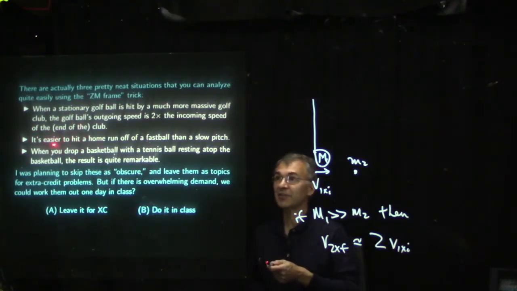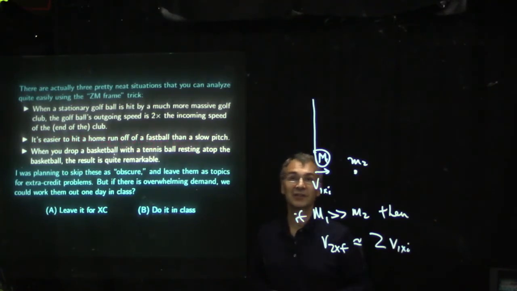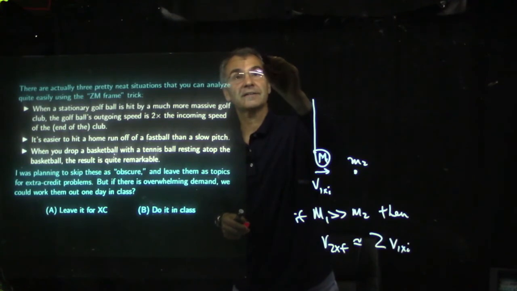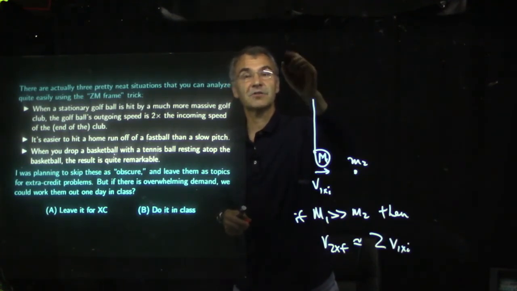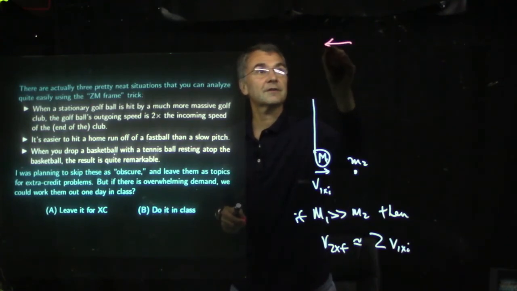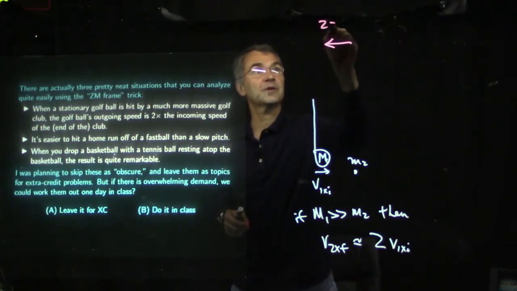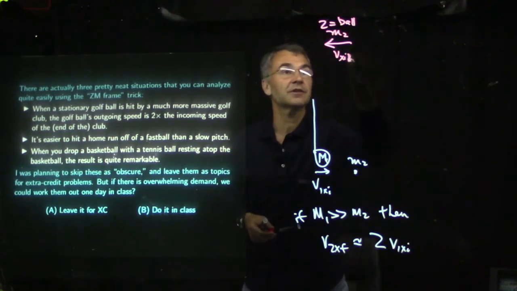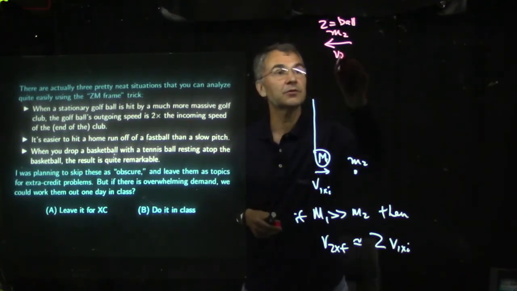The second statement is it's easier to hit a home run off of a fastball than off of a slow pitch. And it turns out the result that you can prove is that, let me see. Here, let's say 2 is the baseball, and it has a small mass m2, and this is V2x initial.